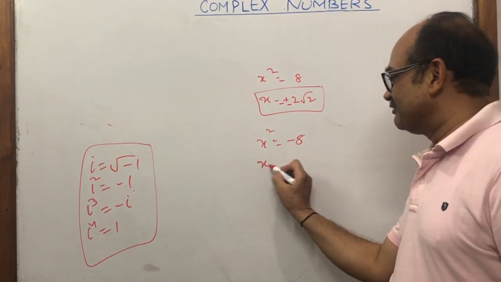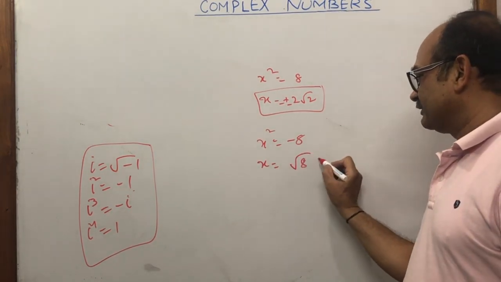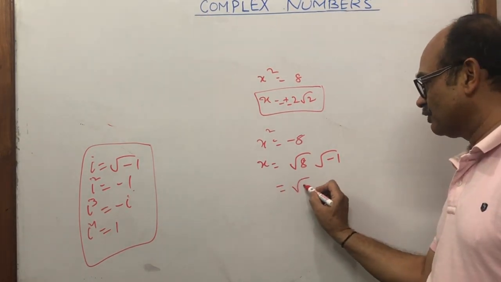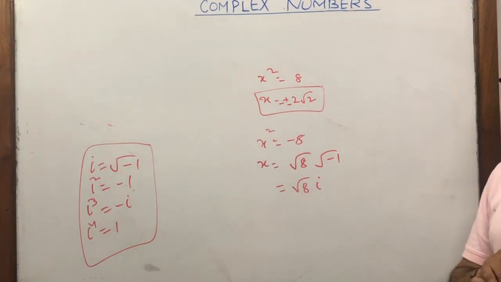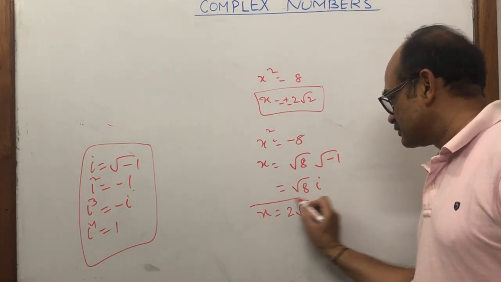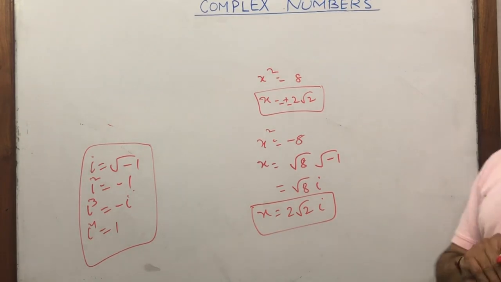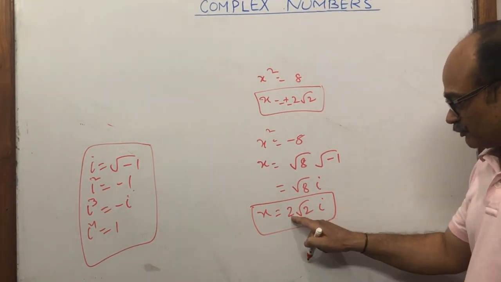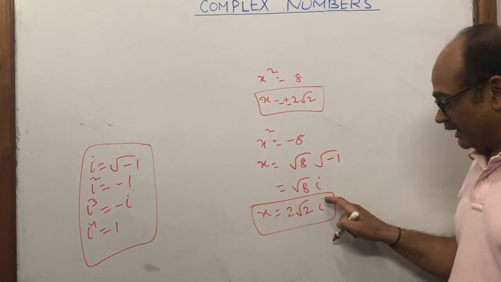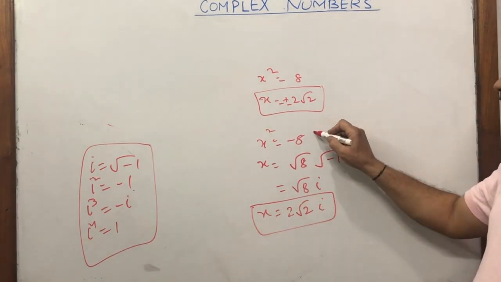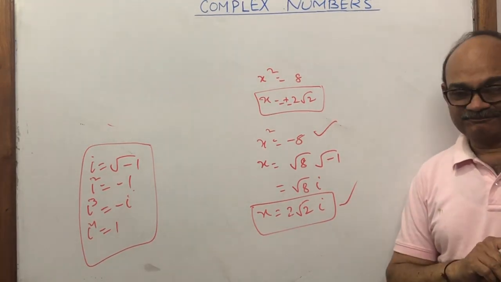Now we can easily write root of 8 and root of -1, that is root of 8 and iota. What is root of 8? You know very well. So the answer for x is 2 root 2 iota. If we square it, it will become 8 and with the iota square it becomes -8. So x square equals to -8 is the same answer.